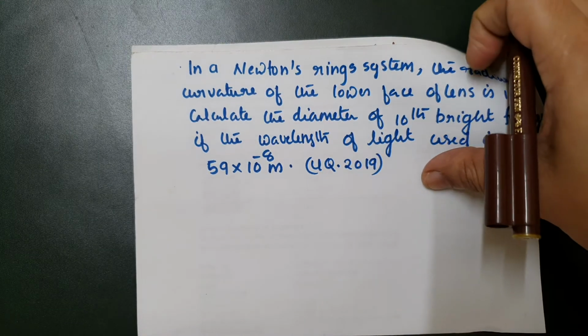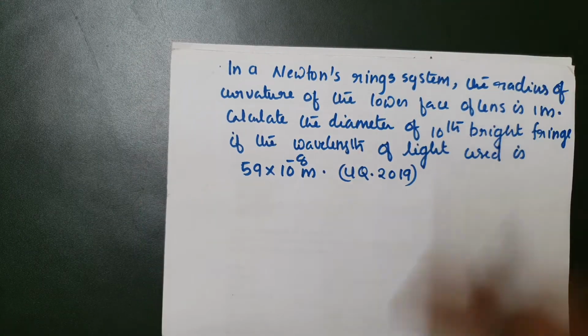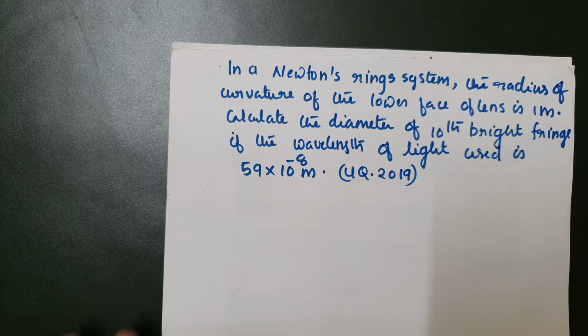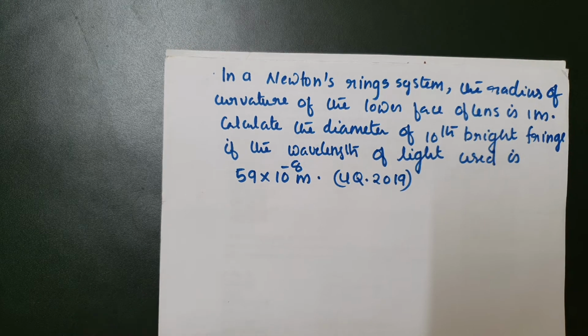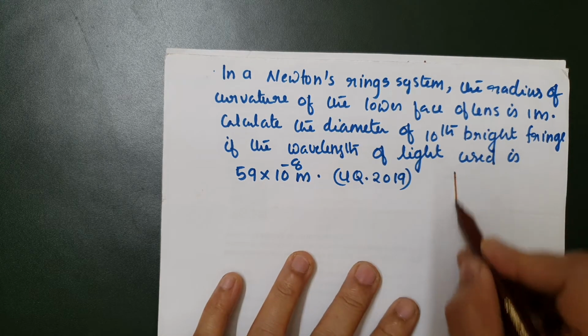Then the second problem is, in a Newton's ring system, the radius of curvature of the lower face of the lens is 1 meter. Calculate the diameter of the 10th bright fringe if the wavelength of light used is 59 into 10 to the minus 8 meter.